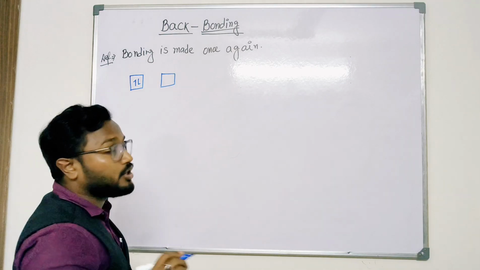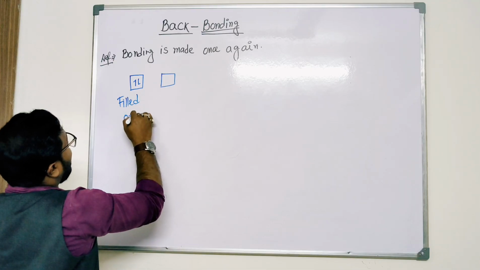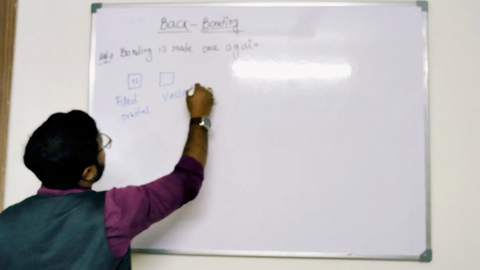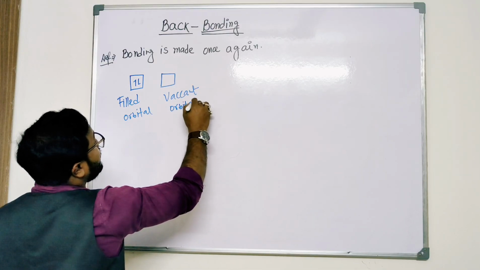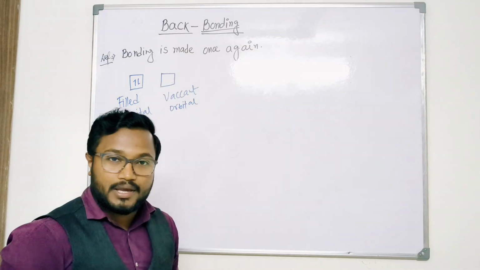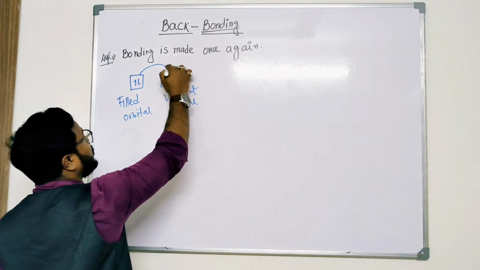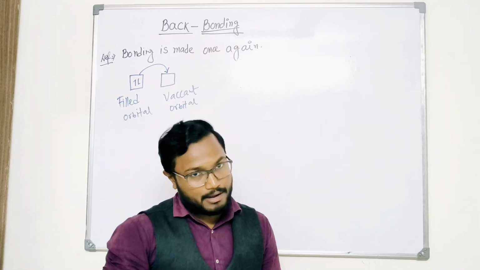We need a filled orbital and a vacant orbital. This filled orbital will donate its lone pair to the vacant orbital via a coordinate bond. Then there is a chance of back bonding.